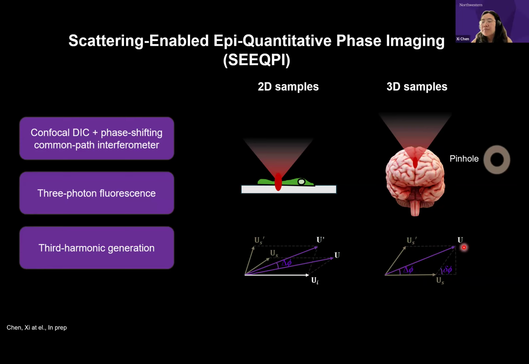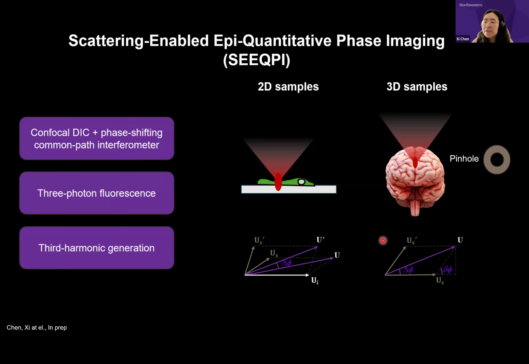This is a very key step. It seems trivial, but actually it's a very key step to do in this algorithm. If you do not introduce this reference, if you only calculate the angle between this U_S and U_S prime, you will have a lot of problems.